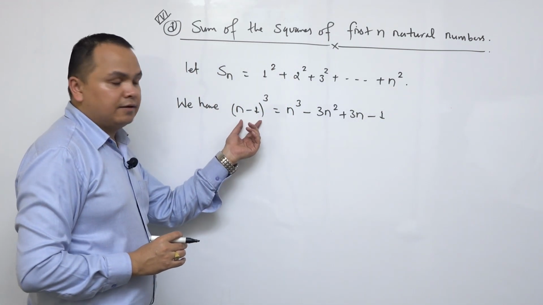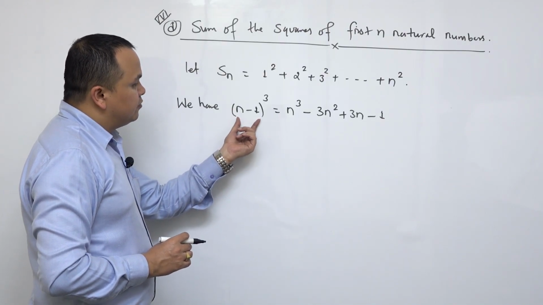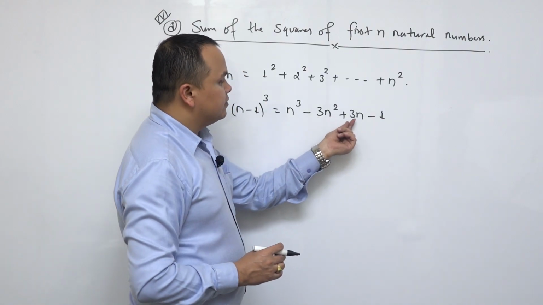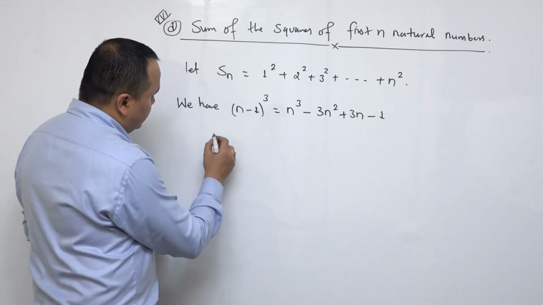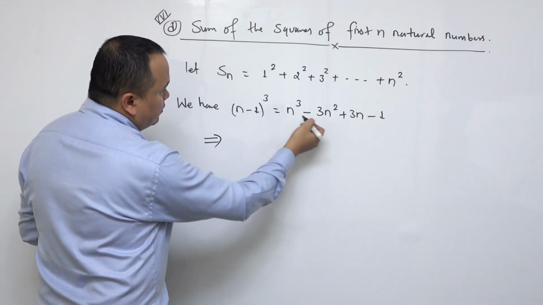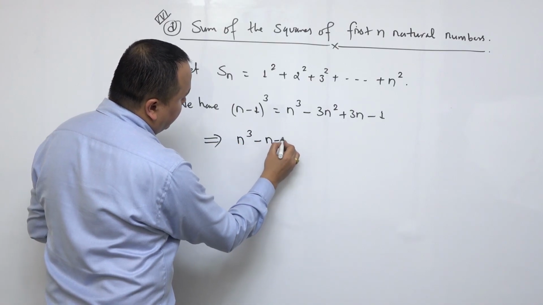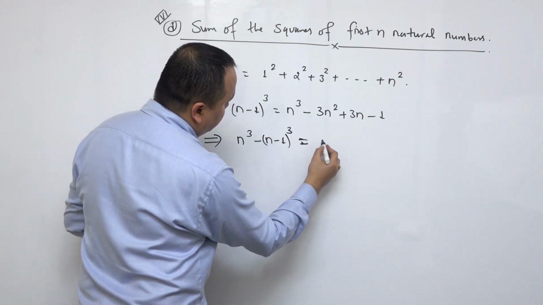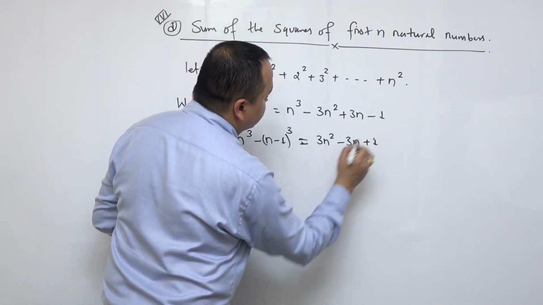The formula for a minus b whole cube is a cube minus 3a square b plus 3ab square minus b cube. This implies n cube minus n minus 1 whole cube is equal to 3n square minus 3n plus 1.